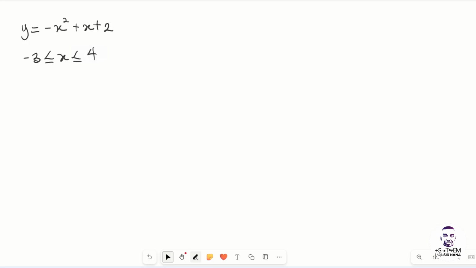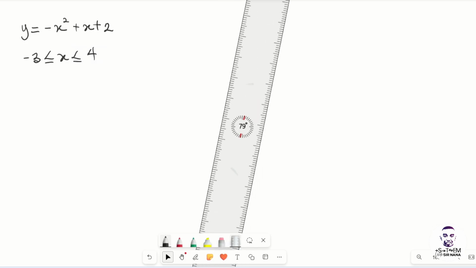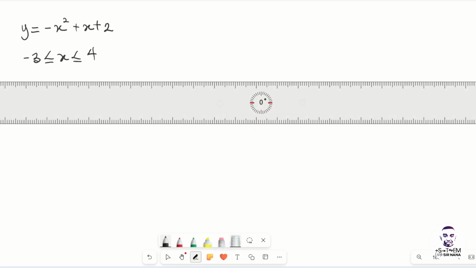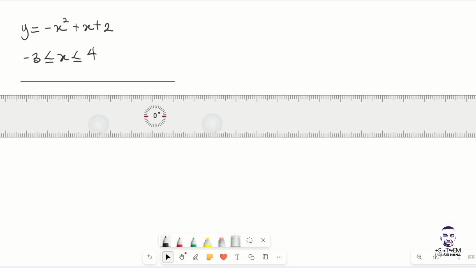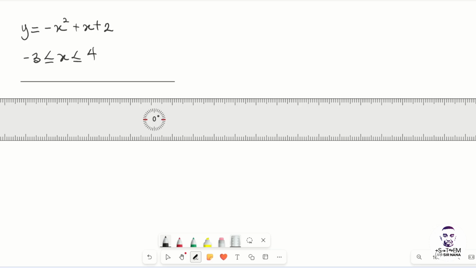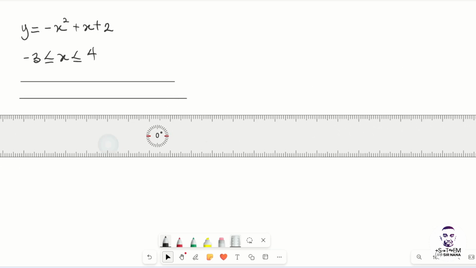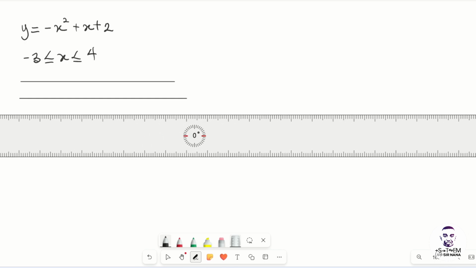So first, what we need to do is construct a table. So let's try and get our table for the graph of the function. In the table, we are going to have our x, then we have our function, which is y. And then we input the x values to get our y. So let's do that.